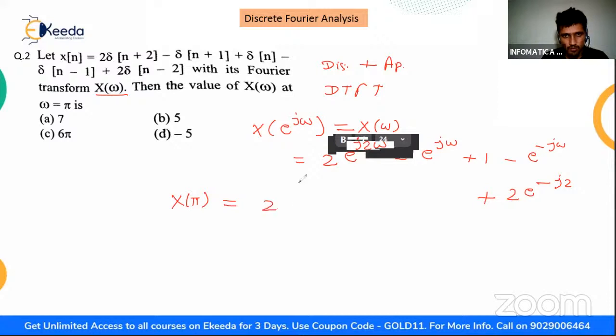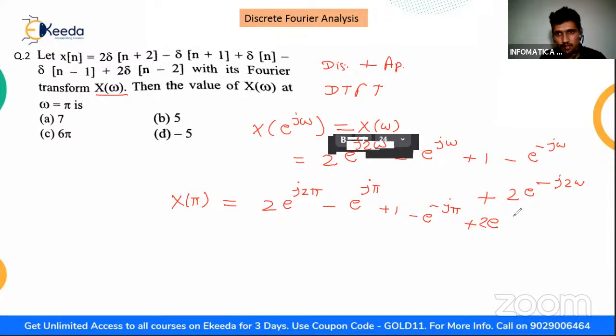So this will be 2 e to the power j 2 pi, which will be 1, so multiplied by 2 it will be 2, minus e to the power j pi, plus 1, minus e to the power minus j pi, then again plus 2. This is omega, no?